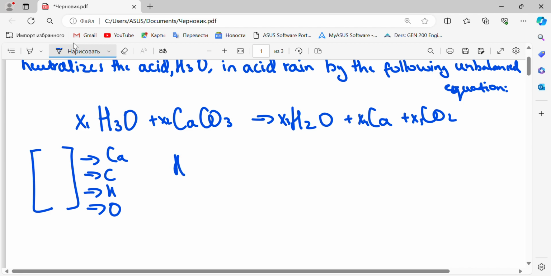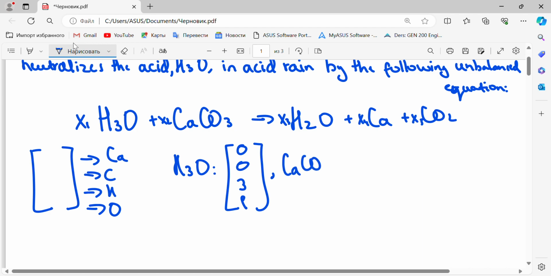So for the trihydrogen, what is it going to be? How many calcium do we have here? 0. How many carbon? 0. How many helium? 3. And how many oxygen? 1. Let's go to another one. Correspondingly it's 1, 1, 0, and 3.